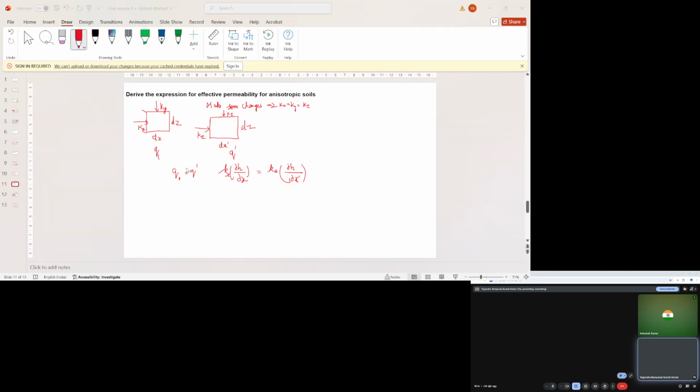So we need dx dash. What we'll do is kx into ∂h/∂x is equal to ke into ∂h/∂ of root over kz by kx into x.